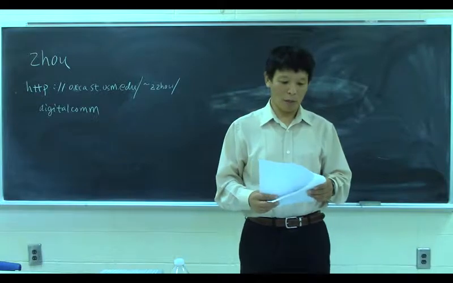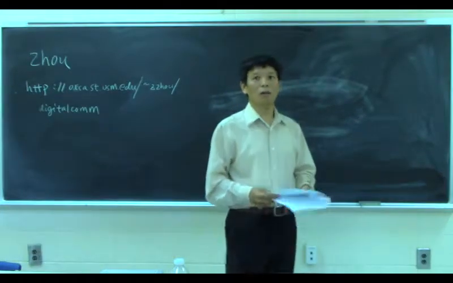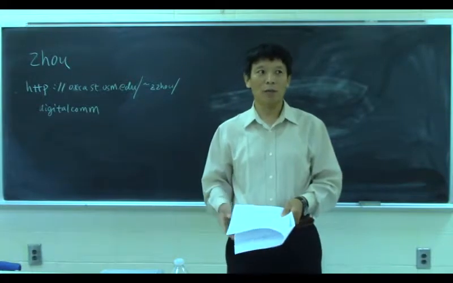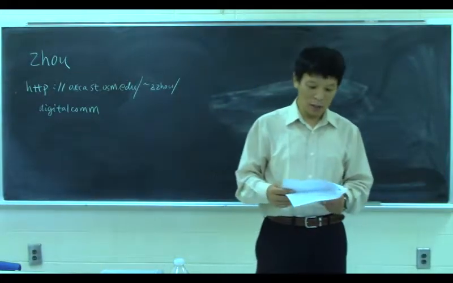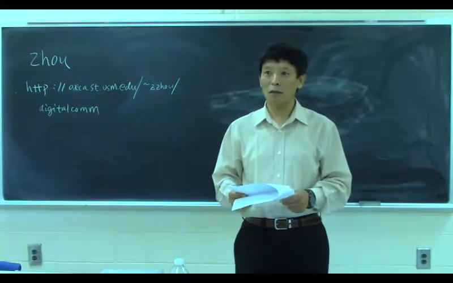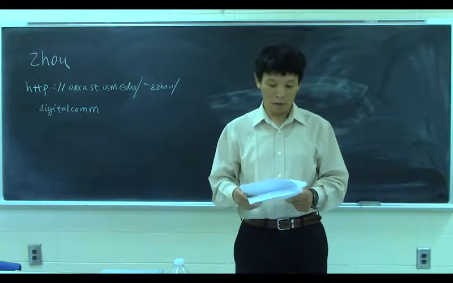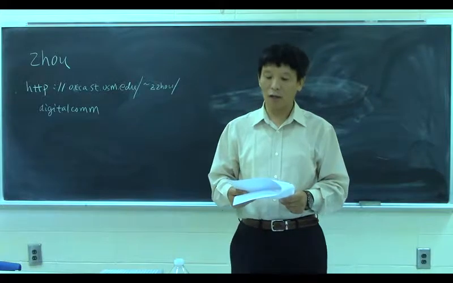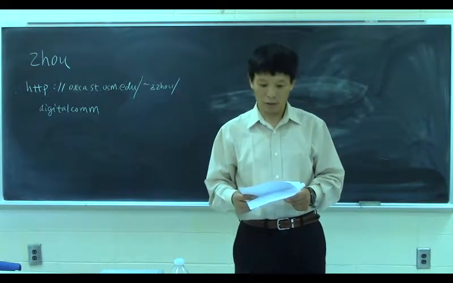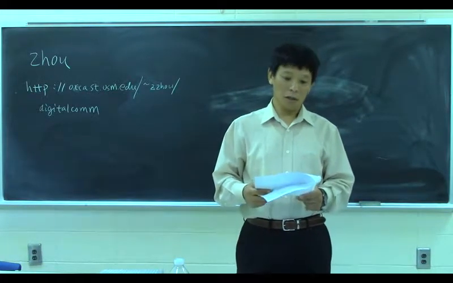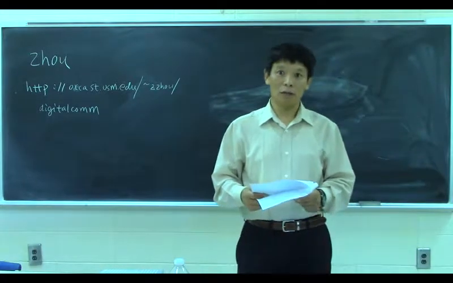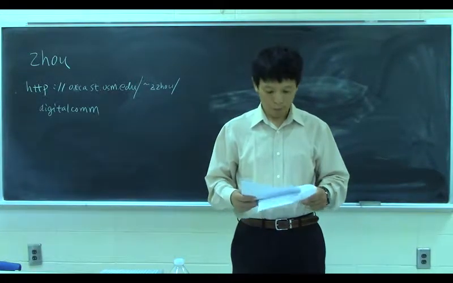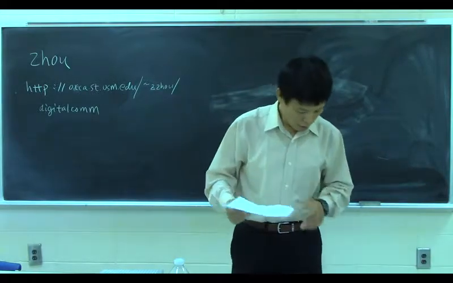Sampling theory means we convert an analog signal into a digital signal, a discrete time signal. The next one is digital data transmission. We come to the digital part. The next chapter will be encoding techniques and error detection and error correction. And the last chapter, if time permits, we are going to discuss data communication systems.